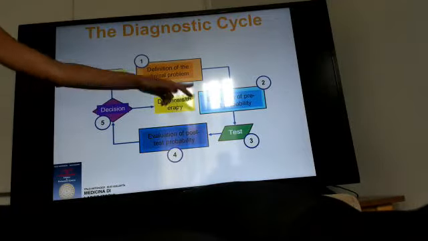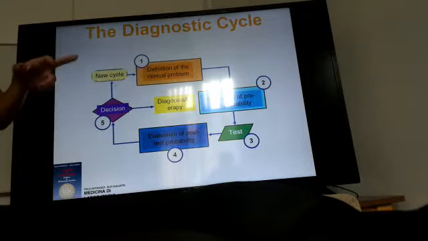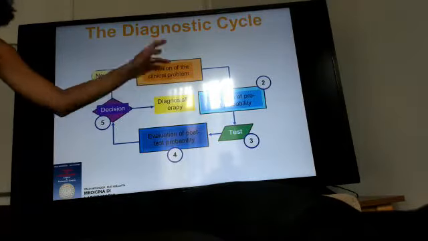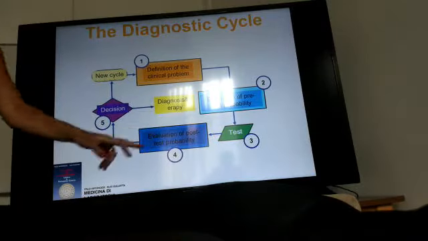And so you have to evaluate what the problem is and what is the probability to have a test that can confirm this problem. So you have to know what your clinical suspicion is, and what is the most proper test that can confirm this clinical suspicion. So, the appropriateness of the test.